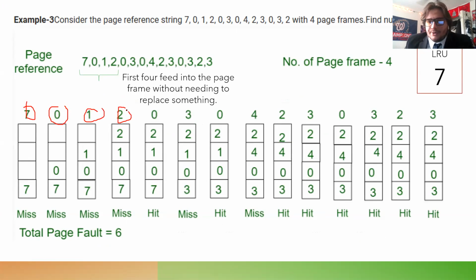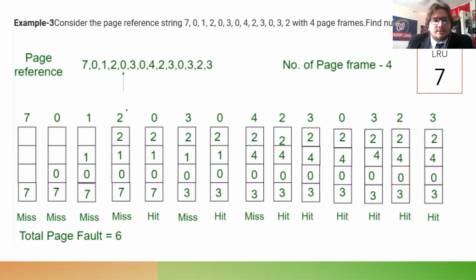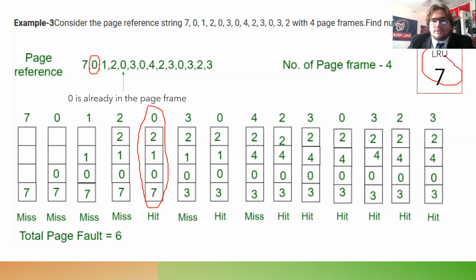And 7, 0, 1, and 2, those first 4 steps fill the page frame. So when it gets to the next to be inputted, it is 0. However, 0, as we already know, is already in the page frame. So therefore, in this segment right here, nothing needs to be updated. And so 7 is still the least recently used.